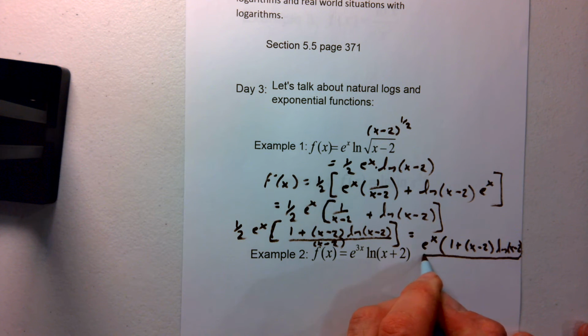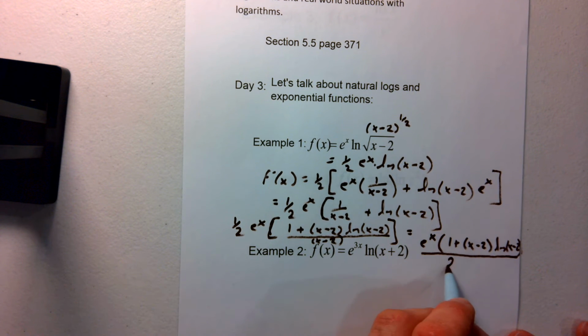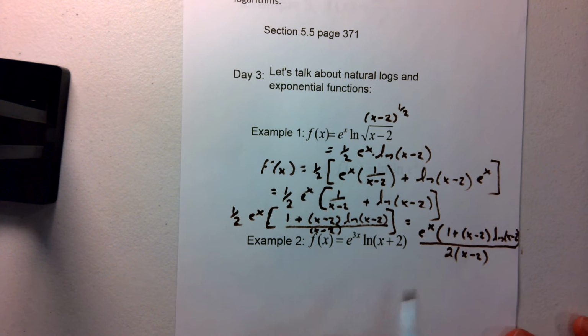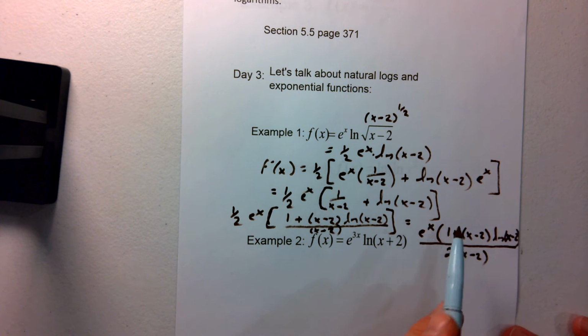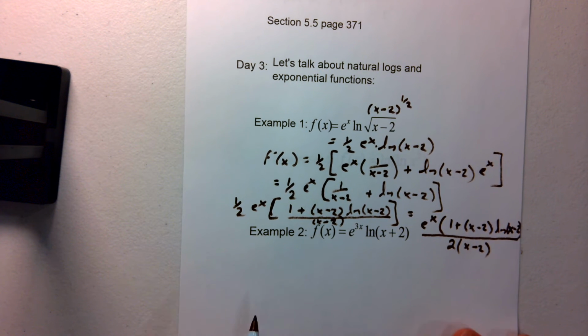Again, I'm getting cramped. I need to give my stuff enough space. And then 2 times x minus 2 in our denominator. So again, that's a natural log of x minus 2 in here. Right? And that would be maybe a nice clean answer if you want to think cleanly about it there.